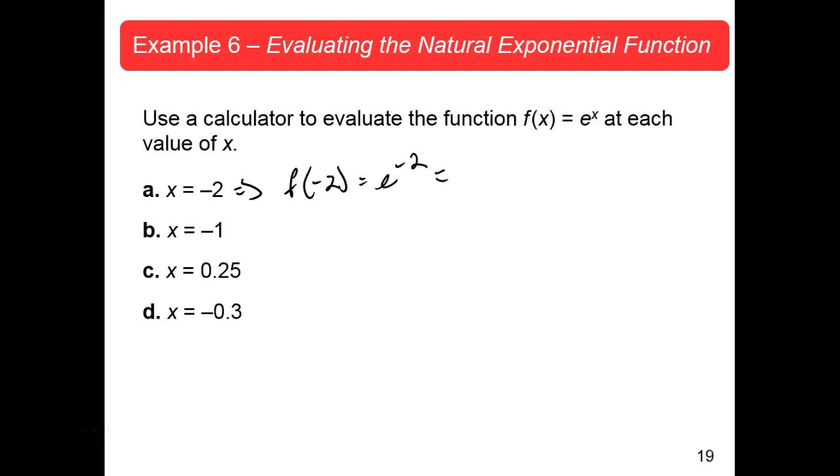Depends on, okay, what are you using? Phone? Okay, yeah, there's e, and do that to the minus 2 power. Yeah, 0.13.